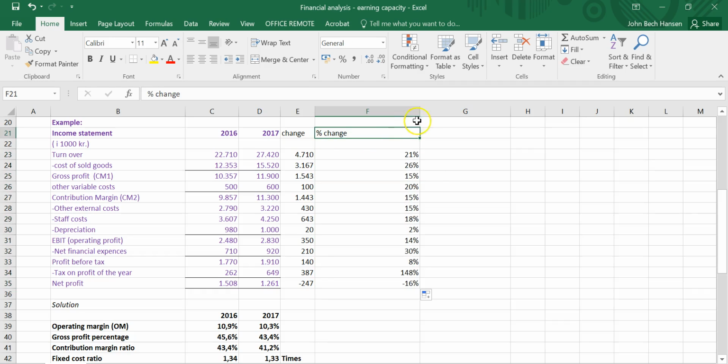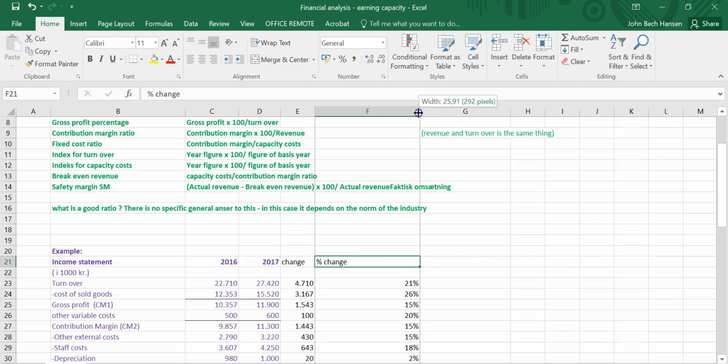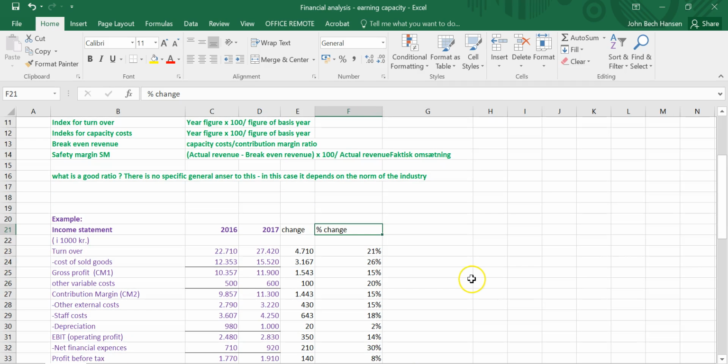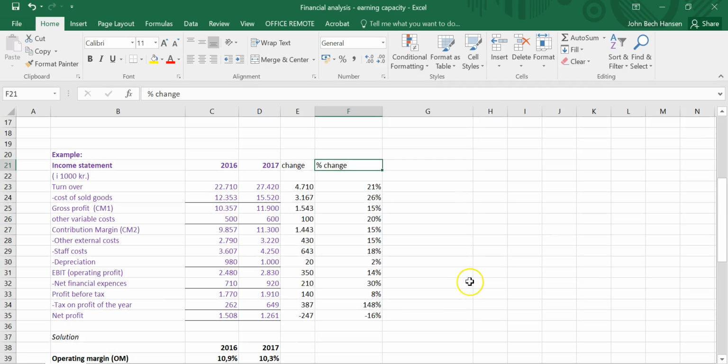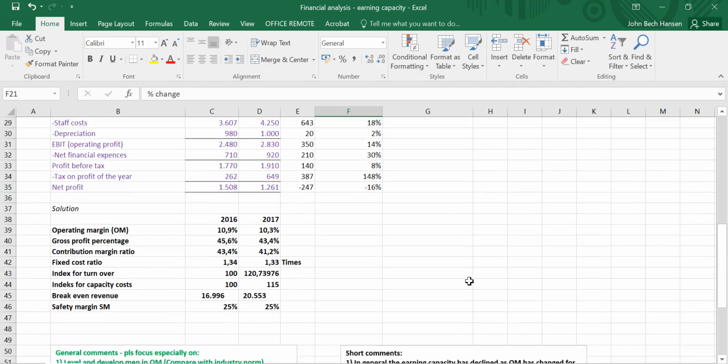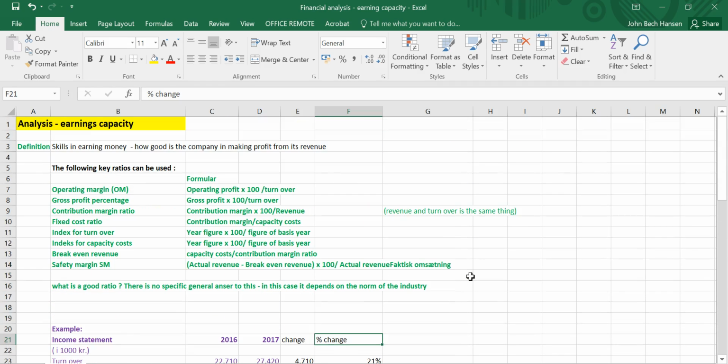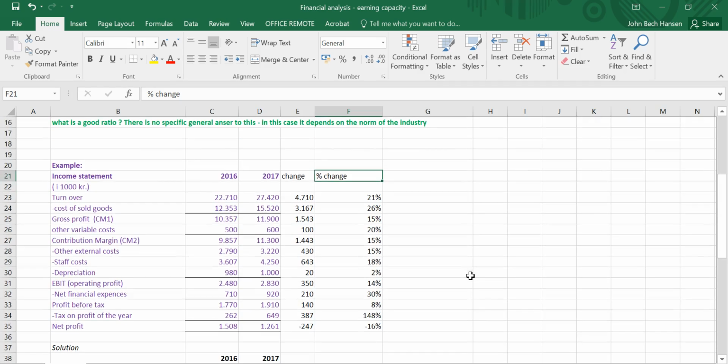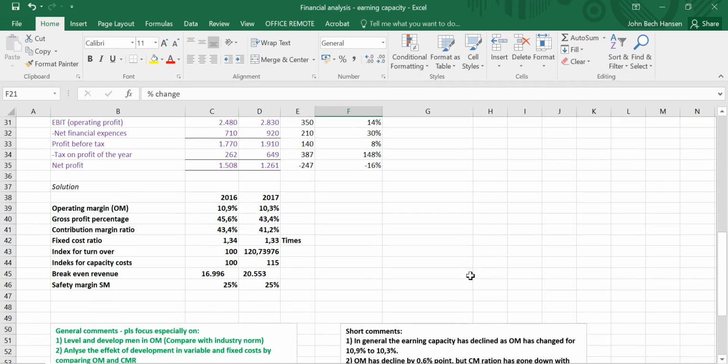But this is just to show you another way of making an analysis of the earnings capacity. So this was it.